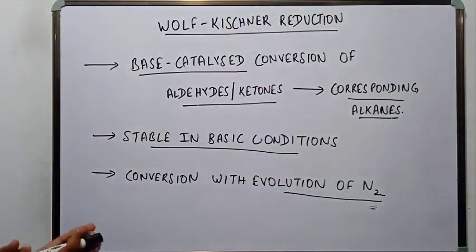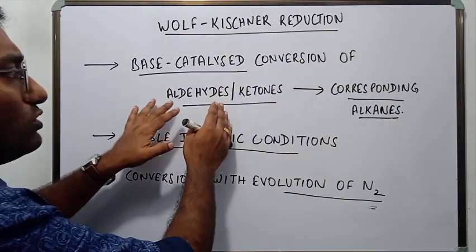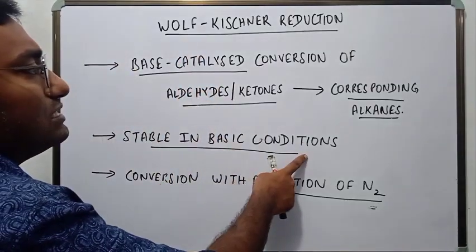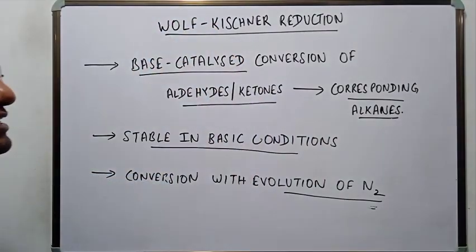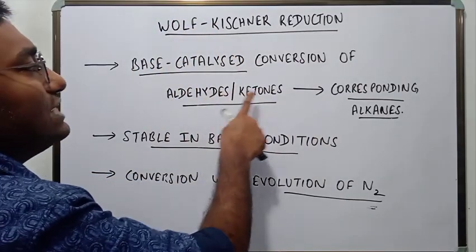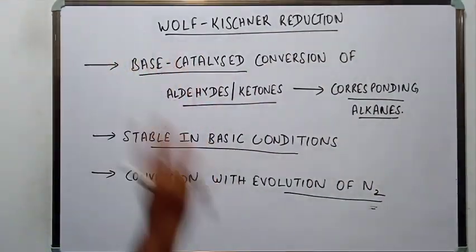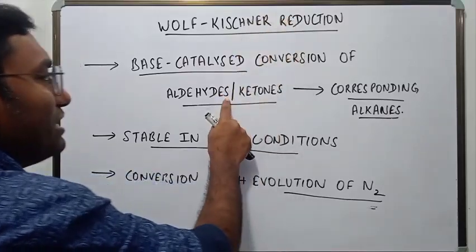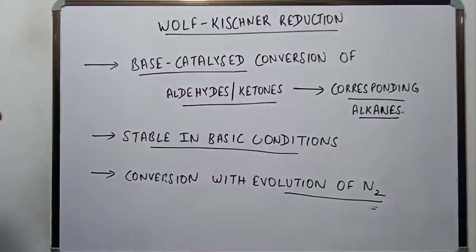The second most important point is that only those aldehydes and ketones that are stable in basic conditions will show the Wolff-Kischner reduction, or give corresponding alkanes in the presence of a strong base. That is the second point.